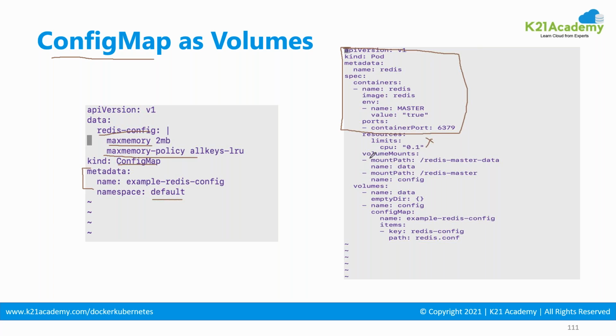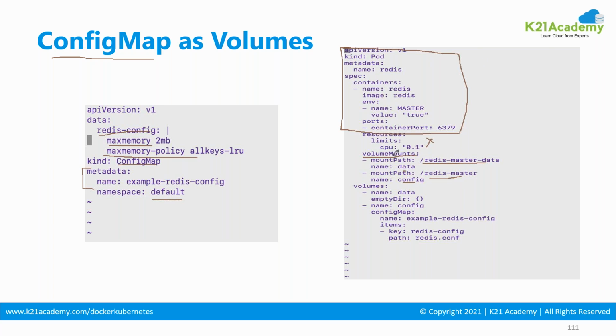But if you see here volume mounts, look at this please. We want to mount the volumes on the mount path called redis-master-data, whose name is data, and as a config on the Redis master. So for these two, we can see the path has been declared, but from where will this get the information?